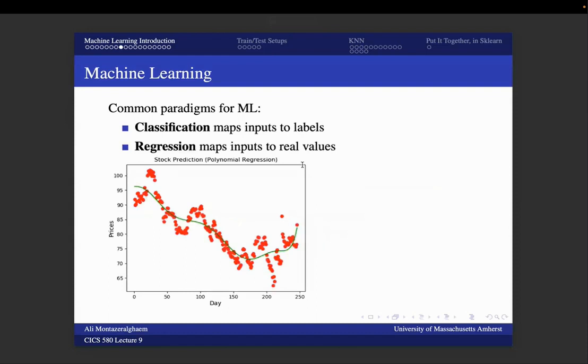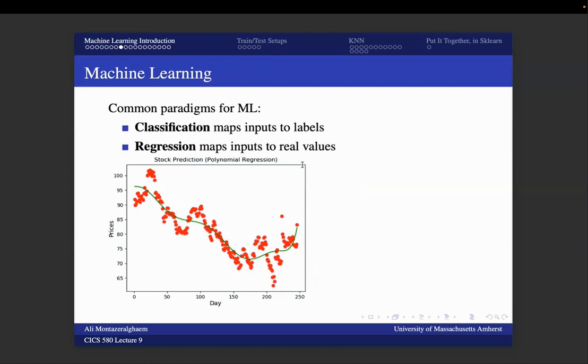Another one is regression, which maps inputs to a real value. For classification, the labels are discrete values, for example, dog, cat, or something like this. But in regression, we get the same input, but the output is a real value.